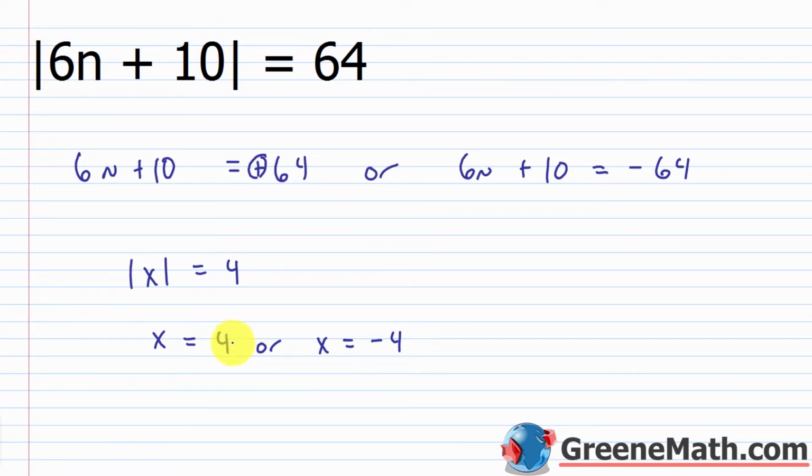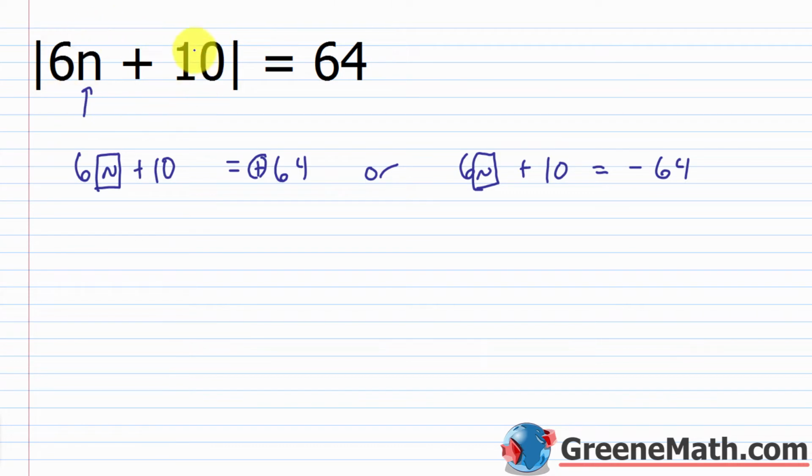And remember, I could plug in a 4 here, take the absolute value, I get 4. I could plug in a negative 4 here, take the absolute value, I get 4. Both of these would work. What I am saying here is I've got to solve for n. And I want a value for n that when I plug it in here, I'm going to multiply it by 6, I'm going to add 10.